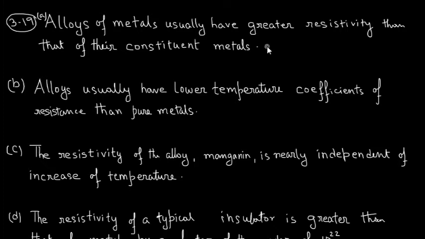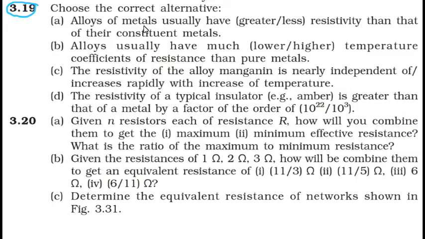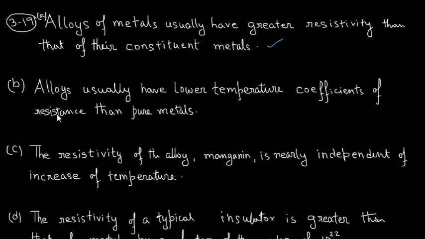It is correct. Now part B. Alloys usually have much lower or higher temperature coefficient of resistance than pure metals. Alloys usually have lower temperature coefficient of resistance than pure metals. It is also true.